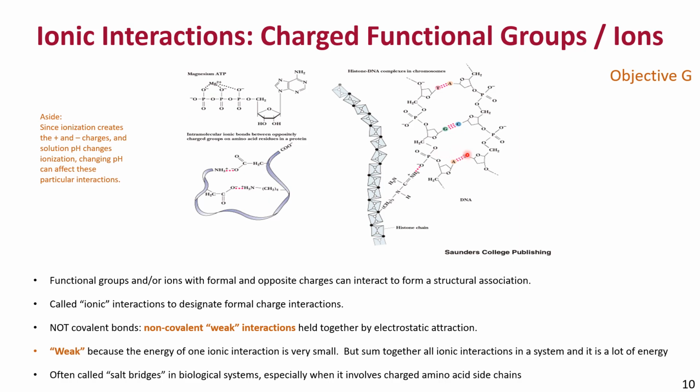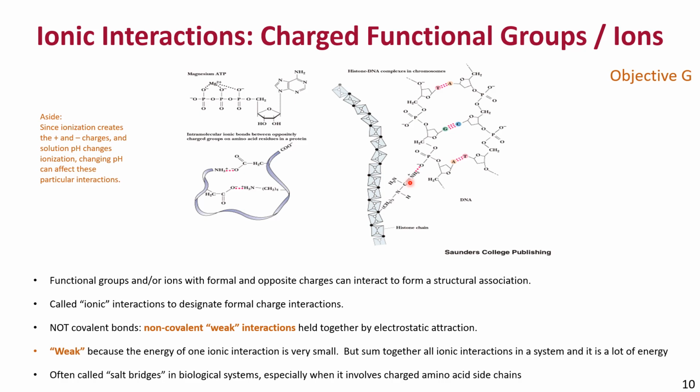And this is true too for DNA. We'll talk about these bonds coming up. But here for DNA that will bind to a specific protein, you'll have an amine group coming off of the protein, and you've got a phosphate on the DNA, phosphate negatively charged, the amine group is positively charged, and so they set up that ionic interaction. These are called weak interactions because by themselves they have almost no energy.